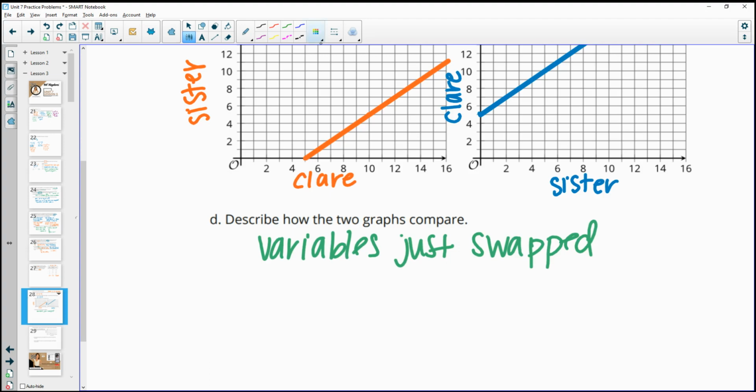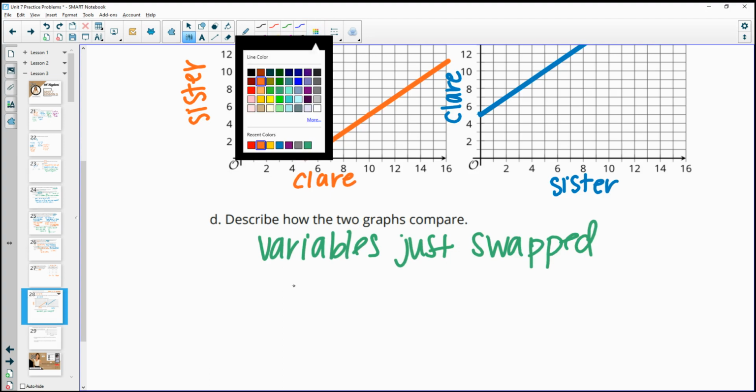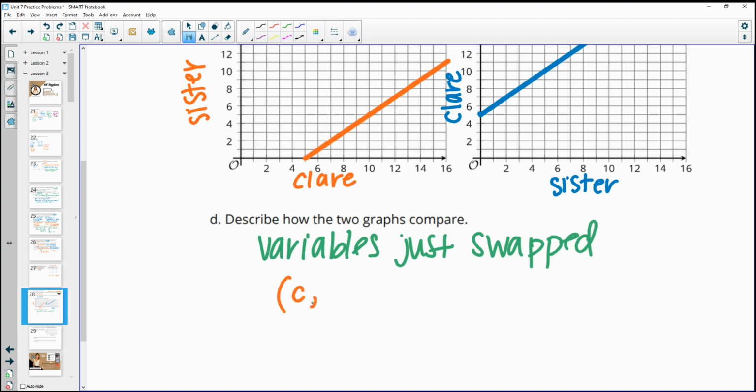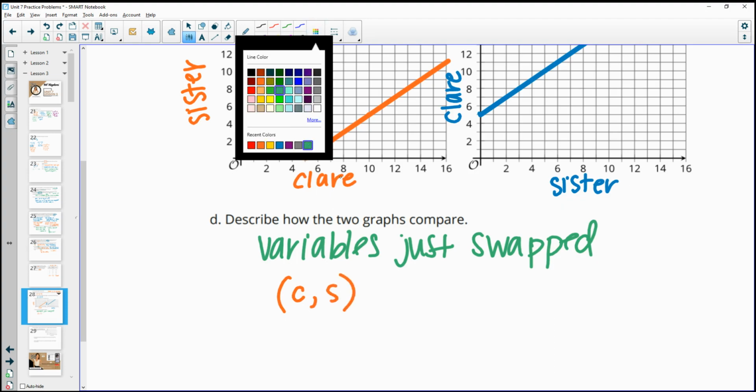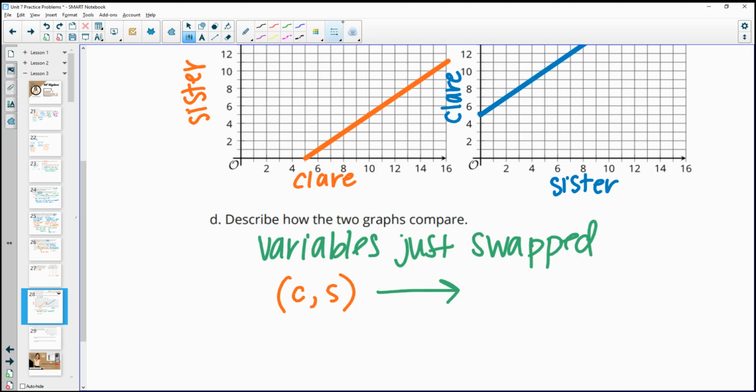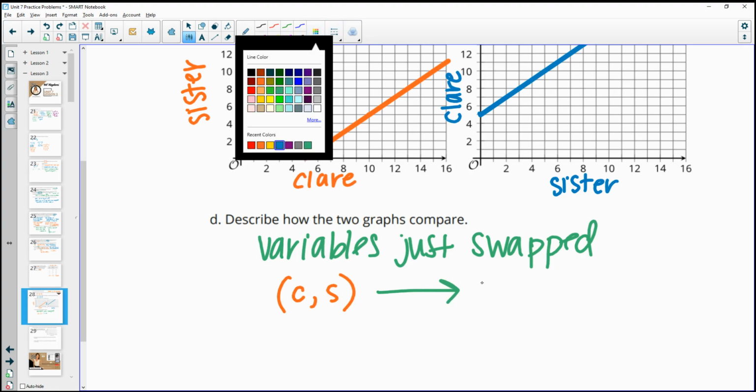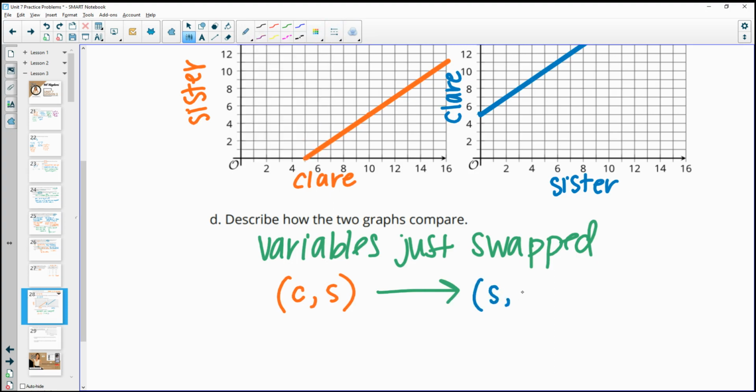So our ordered pairs in this orange graph are Claire's age, comma, the sister's age. And then in the other graph, we have the sister's age, comma, Claire's age for our ordered pairs.